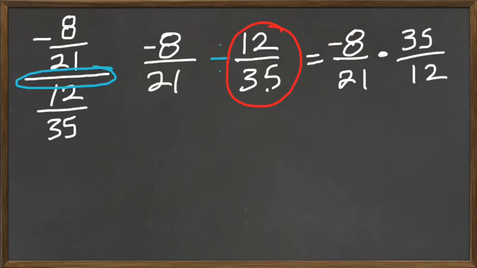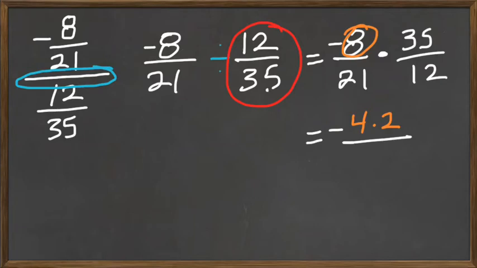Now we're ready to do some simplification. I'm going to write it as factors. There's a lot of simplification here, so I'm going to rewrite it into some factors. So the 8. I'm going to leave the negative sign alone for now. Negative 8 I can rewrite as 4 times 2.